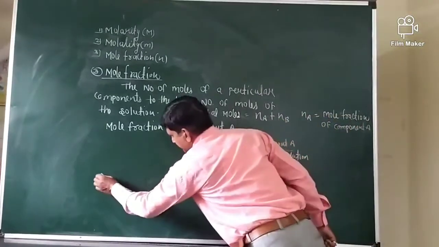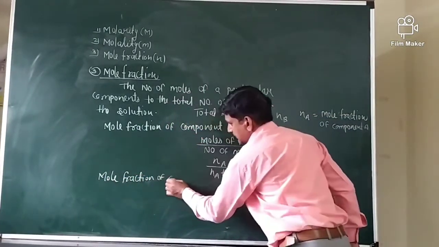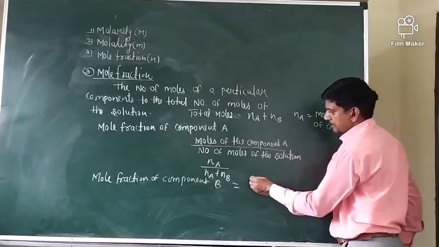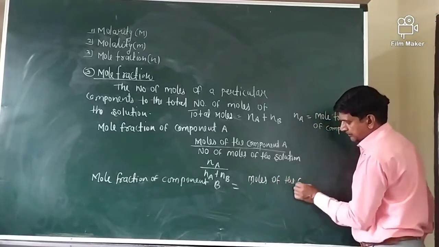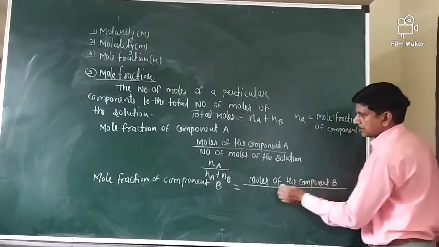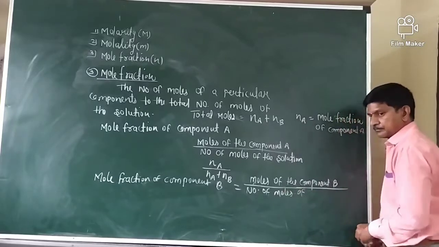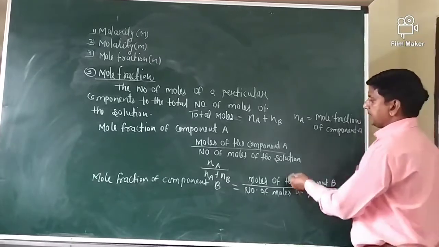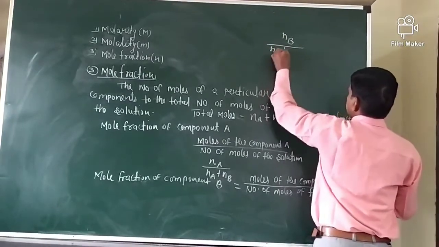Now you have to find the mole fraction of component B. Similarly, it is the moles of the component B upon the number of moles of the solution, so you can write Nb upon Na plus Nb.